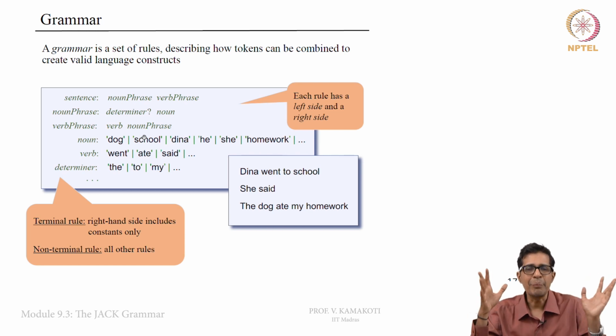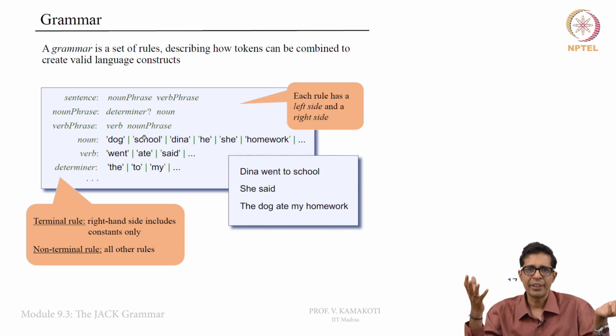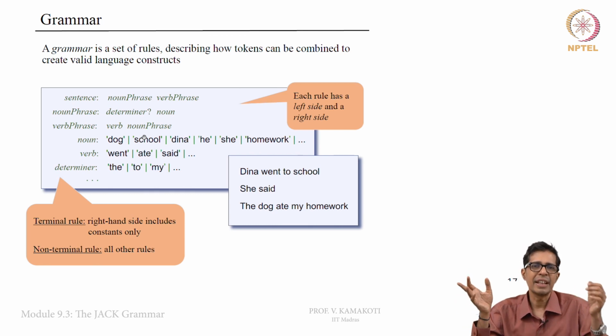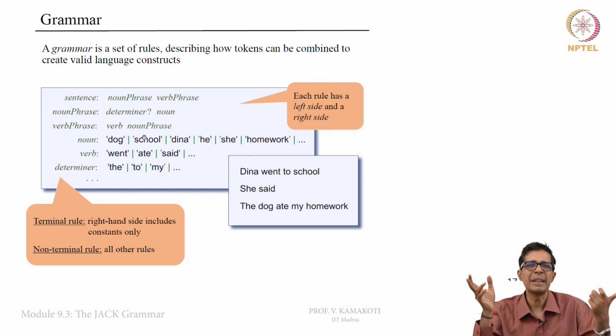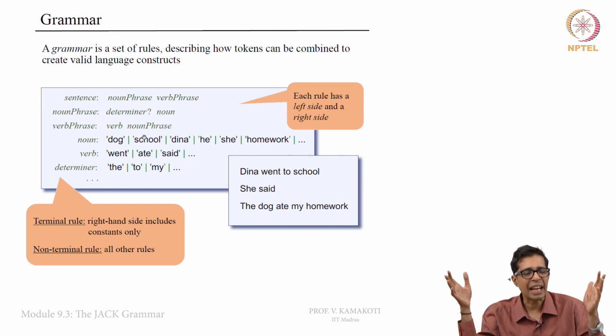So, a grammar can be represented as a collection of rules, and each of these rules has a left hand side and a right hand side. The left hand side has one non-terminal, namely sentence, noun phrase, verb phrase, and so on. The right hand side can have terminals or non-terminals, and it can be a collection of these.